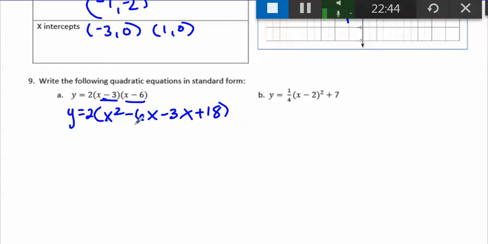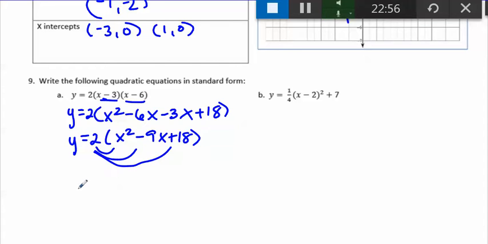Okay, combine your like terms, -6x and -3x. So I have y equals 2 times (x squared minus 9x plus 18). And then distribute the 2 to all three terms. So I have y equals 2x squared minus 18x plus 36.